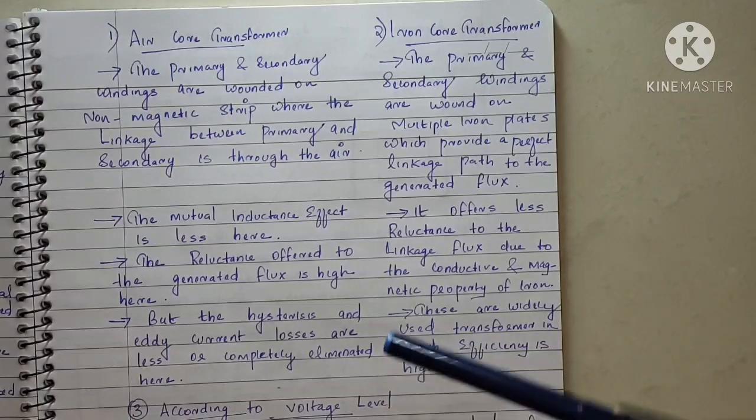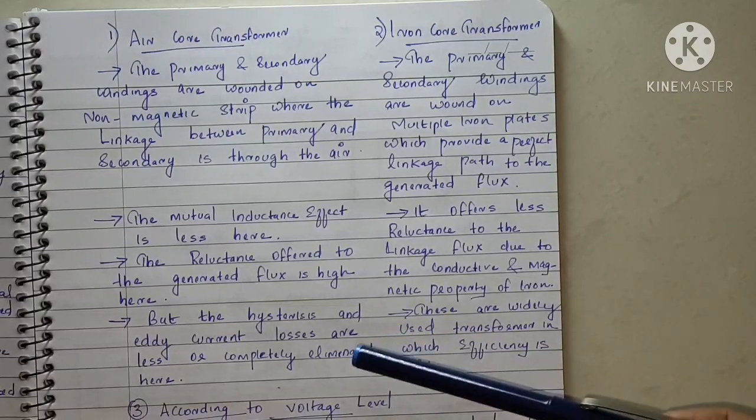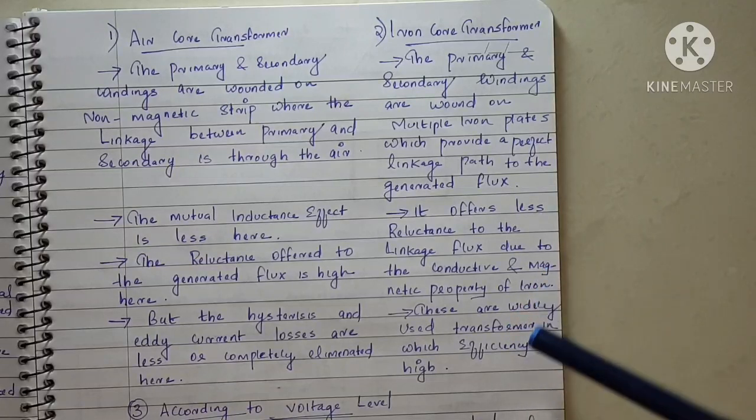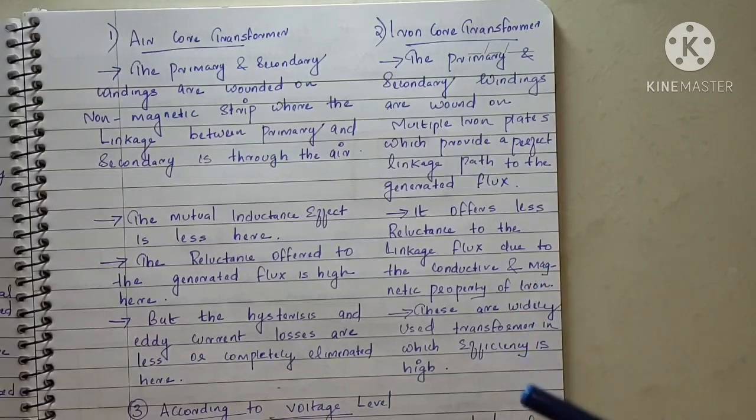In the air core transformer, the hysteresis and eddy current losses are completely eliminated. Whereas the iron core transformer is the widely used transformer, in which efficiency is really high, but there will be hysteresis as well as eddy current losses.